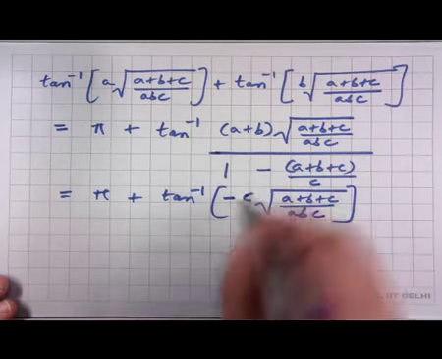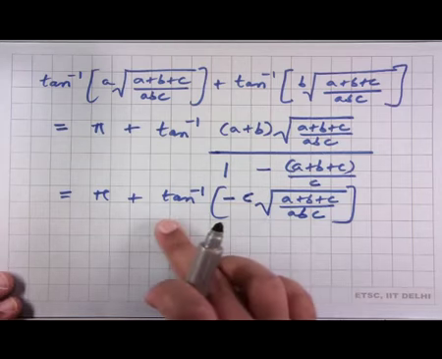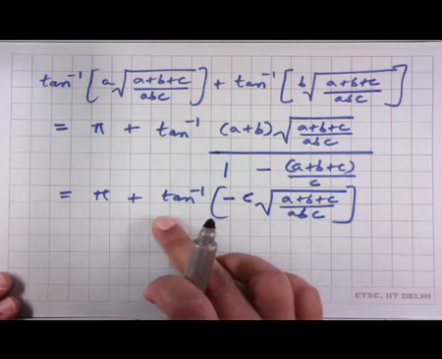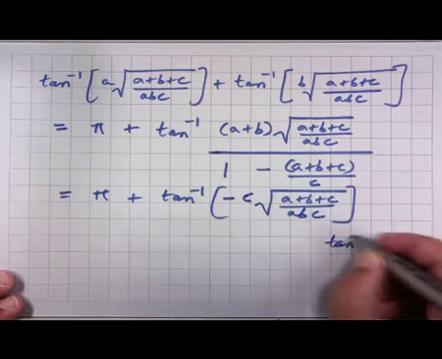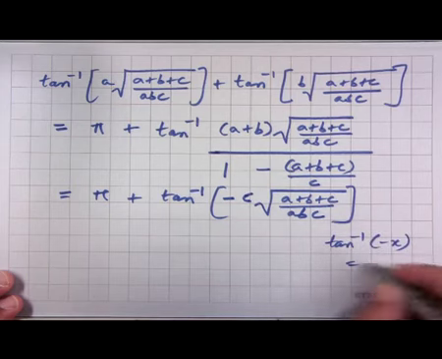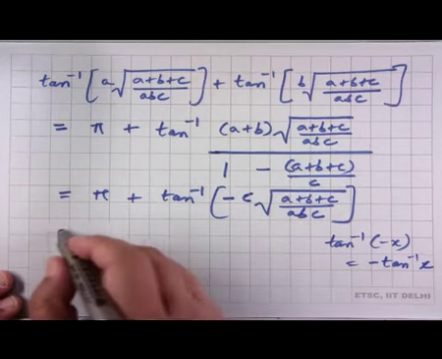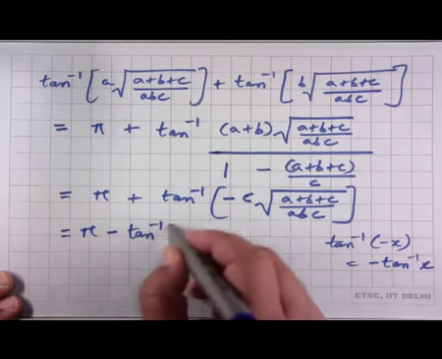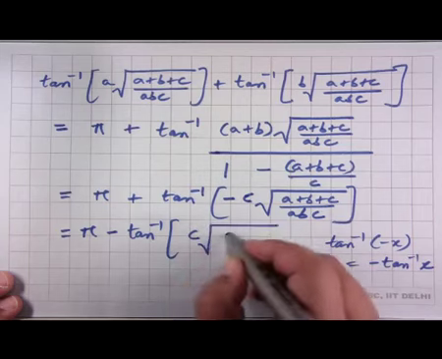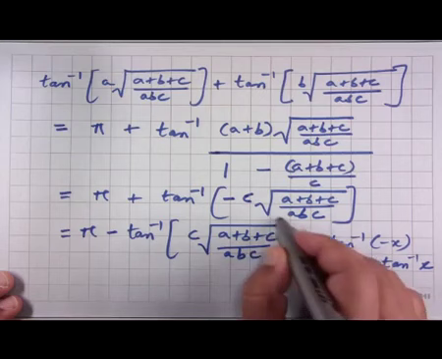Now we know that the tan inverse function is an odd function, and therefore for any x, tan inverse of minus x is equal to minus tan inverse of x. So this is the result we are going to use here, and then we get this to be equal to pi minus tan inverse of c into square root of a plus b plus c over a b c.